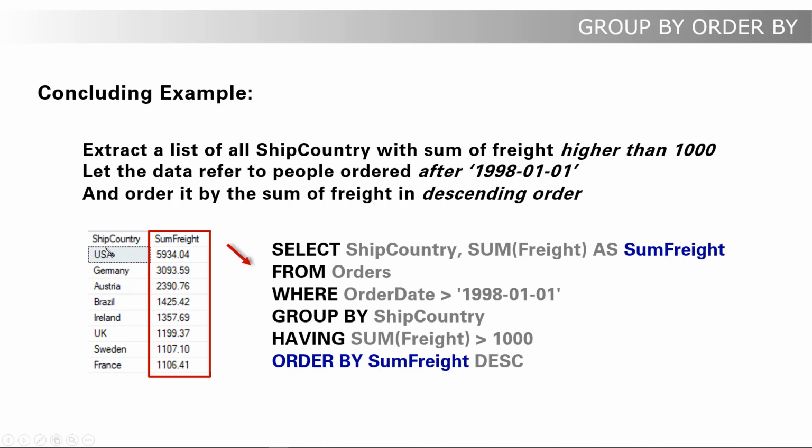And at the end we get the ship country, all these countries, the sum of freights per country, and we order it by the sum freight that we created in descending order, from the highest to the lowest. Let's see it in the SQL server.